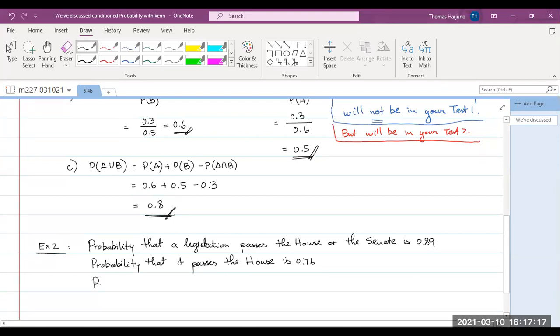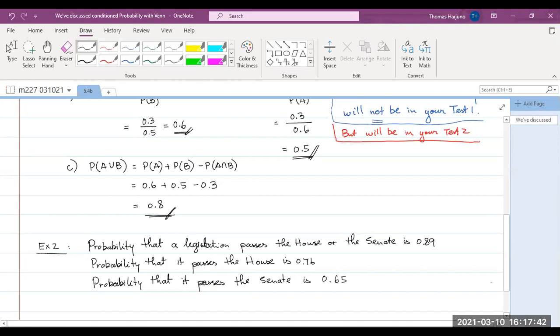Probability that it passes the Senate is, let's say, 0.65.